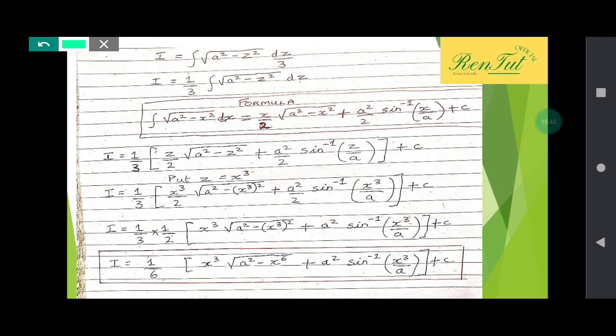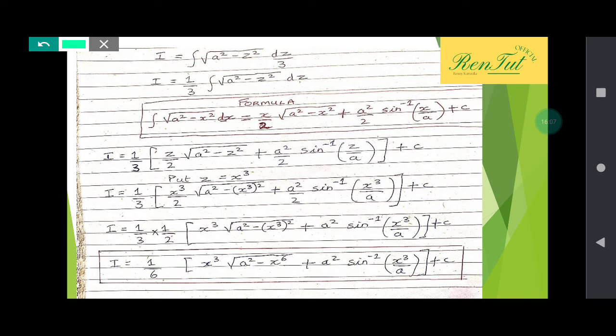So our equation gets transformed. There is a 1 by 2 common in both places, that is how this 1 divided by 2 has come outside. 1 divided by 3 is already there outside, so it becomes 1 divided by 6 on the outside.